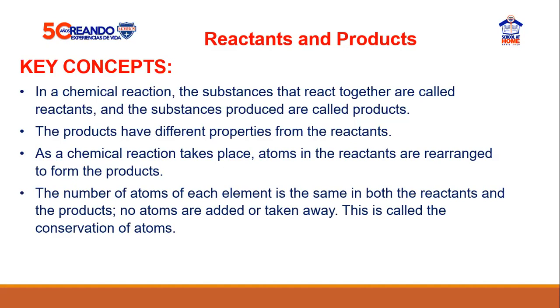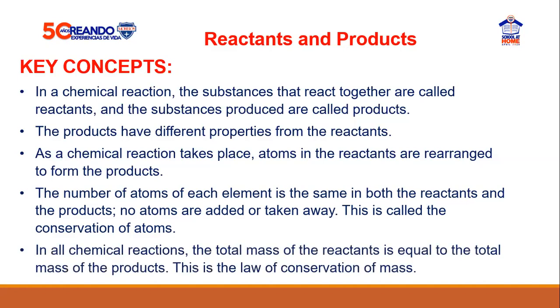That is to say that the atoms are not lost or added. We don't have new atoms, and the atoms don't disappear either. And this characteristic is called the conservation of atoms, which we will discuss later on today.